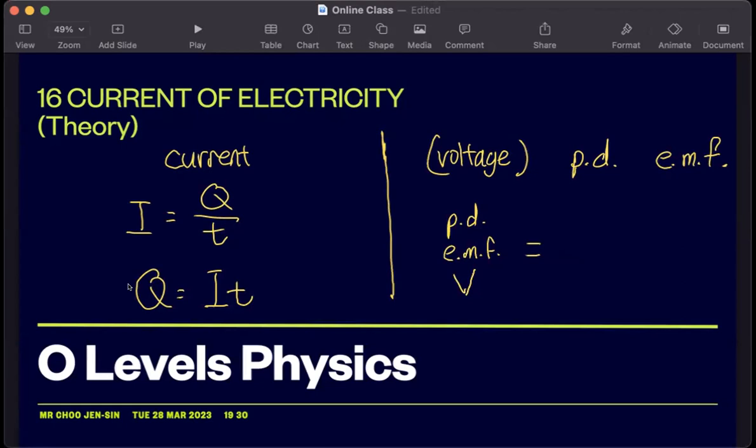But we learned previously, for work done, we actually use the capital W. But capital W can be misleading, it can also be interpreted as weight. So WD is also not very good because it may look like weight times density.